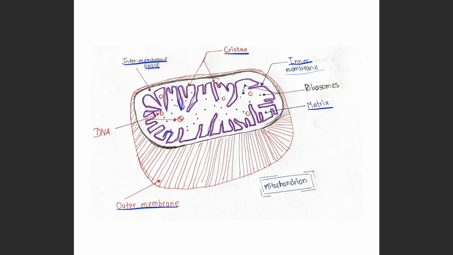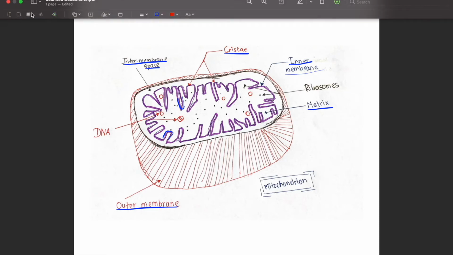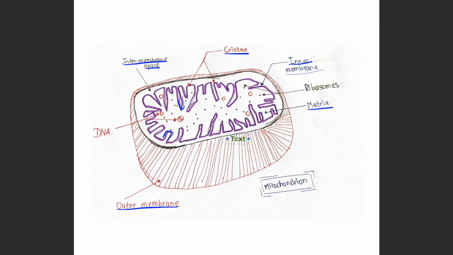These ribosomes aren't actually the same as the 80S ribosomes in our cells. This is actually 70S ribosomes. I'm just going to quickly write it here.